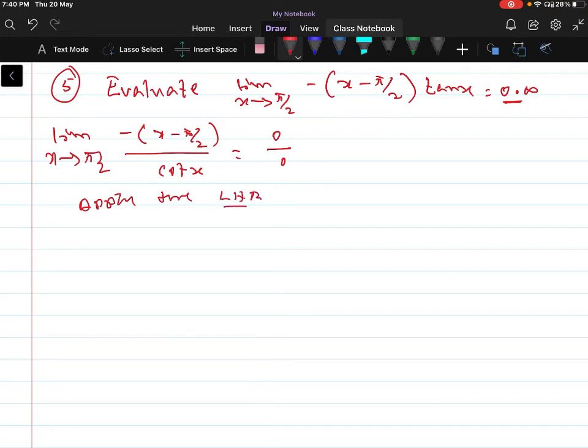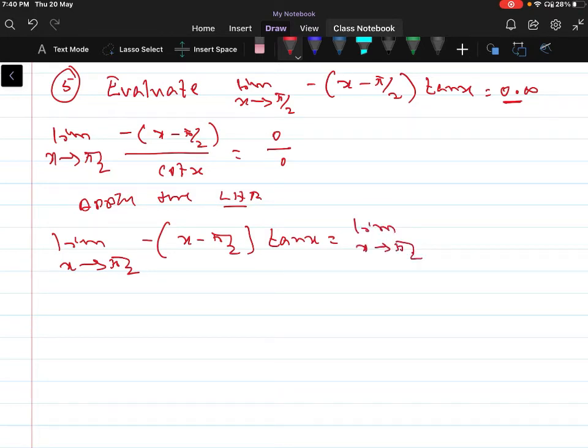So the limit as x approaches pi by 2 minus of x minus pi by 2 into tan x can be written as the limit as x approaches pi by 2.